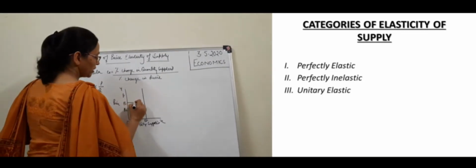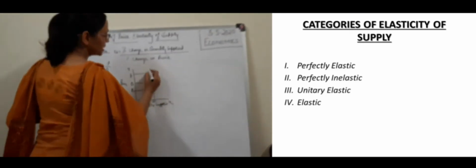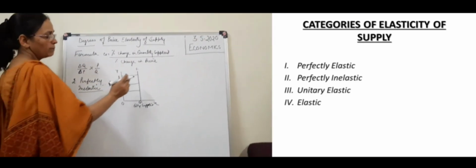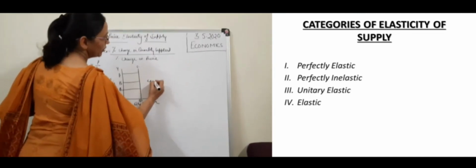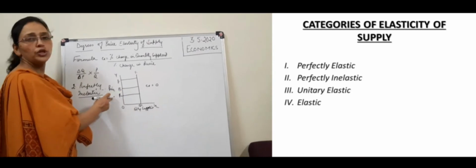The price may vary from P0 to P1 or it may lower down, but the quantity supplied will not change. It will be the same, and the degree here will be equal to 0 because the quantity is not responding to change in price.